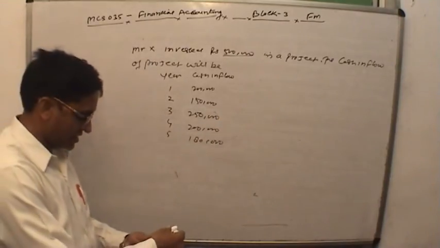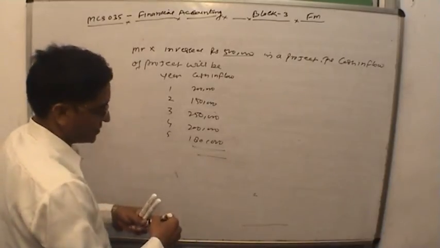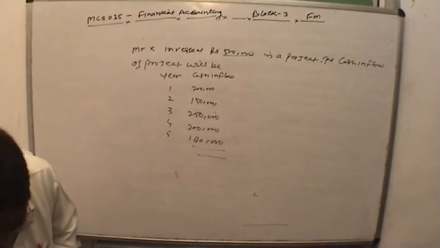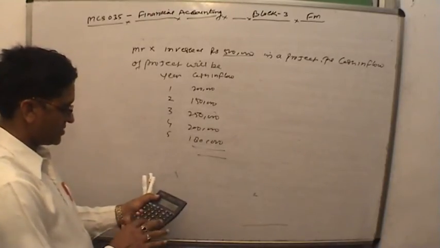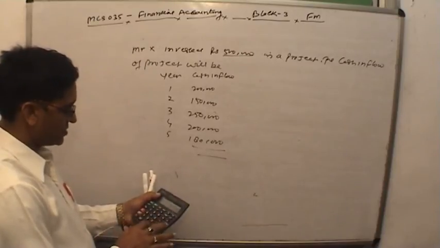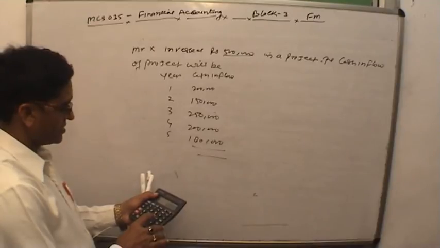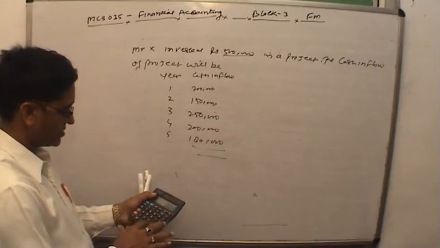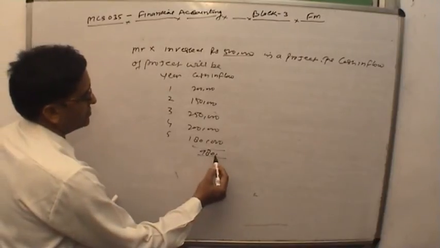Then you can calculate total cash flow, which is equal to 2 lakh plus 1 lakh 50,000 plus 2 lakh 50,000 plus 2 lakh plus 1 lakh 80,000, which is 9 lakh 80,000.